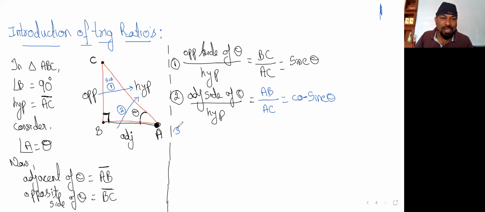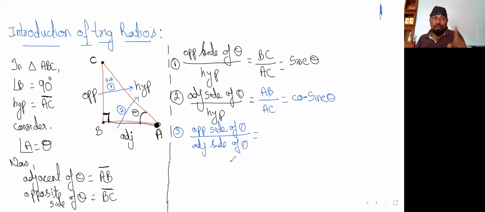Now let us go for the third relation. What is the third relation what we are having? Opposite side of theta by adjacent side of theta. If you check it out, which is the opposite side of theta? It's nothing but BC.